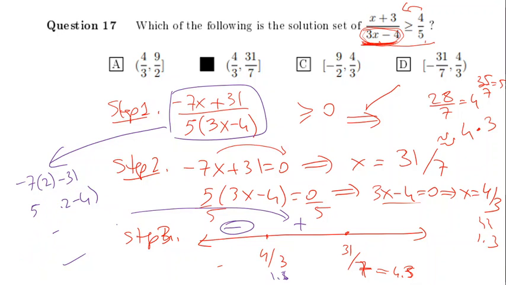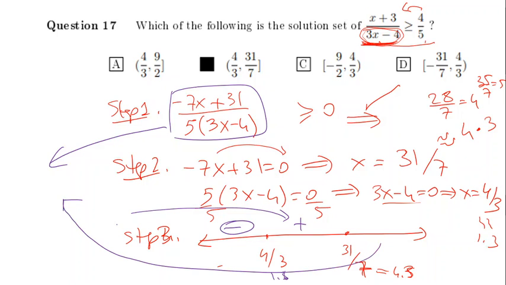Now the next thing here is we have to check the last one here. We can take a number here, like x equal to 10. When you put it here, minus 7 times 10 plus 31 divided by 5 times 3 times 10 minus 4.